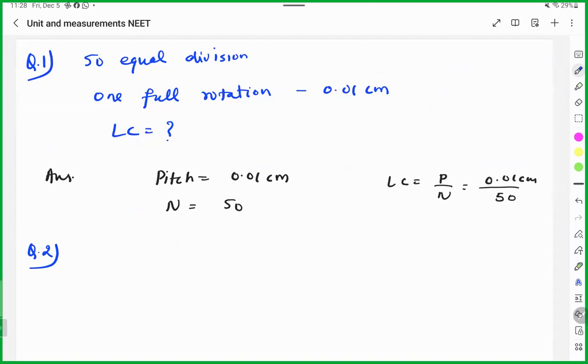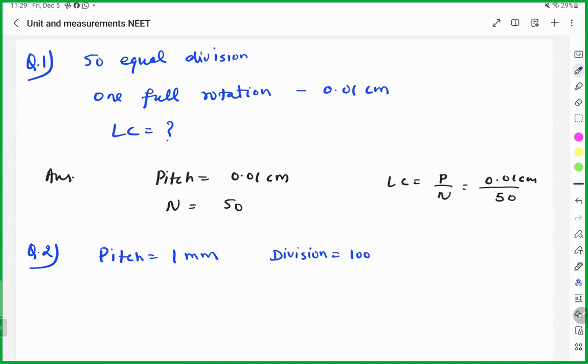Last question. Pitch of the screw gauge is 1 millimeter, and the number of divisions is 100 on the circular scale.